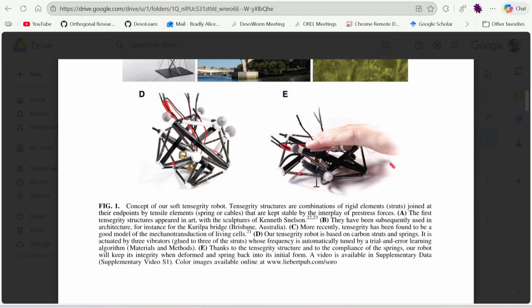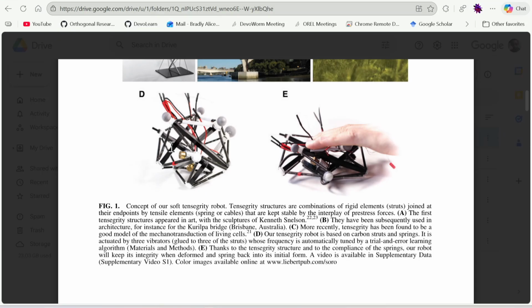And then E is, thanks to the tensegrity structure and to the compliance of the springs, our robot will keep its integrity when deformed and spring back to its initial form. So here you see that this robot, if you push it with some stochastic perturbation, it can move in these different modes. You can tune that mode through some sort of neural control.